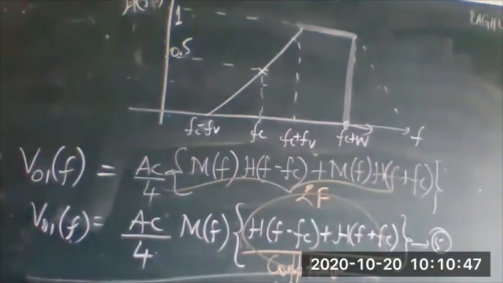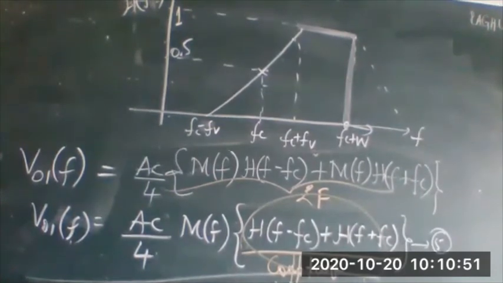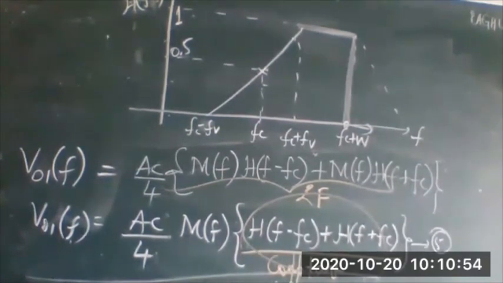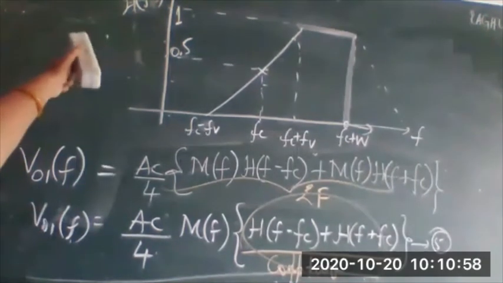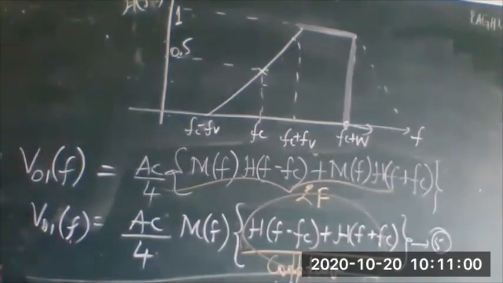You can simply call it as h of f because we called the filter to have impulse response h of t. H of t in frequency domain is h of f. Okay. Therefore, this is the shape with which they designed the filter.